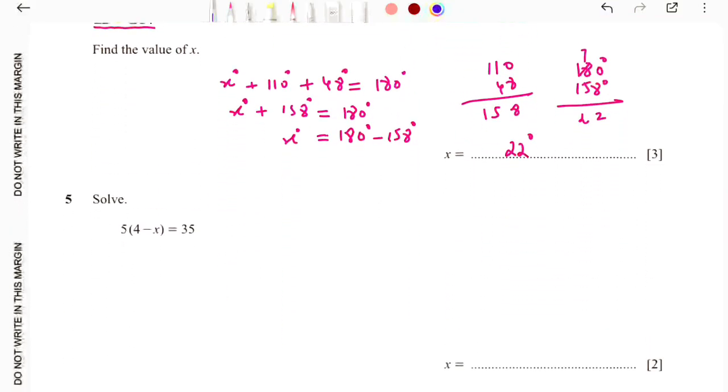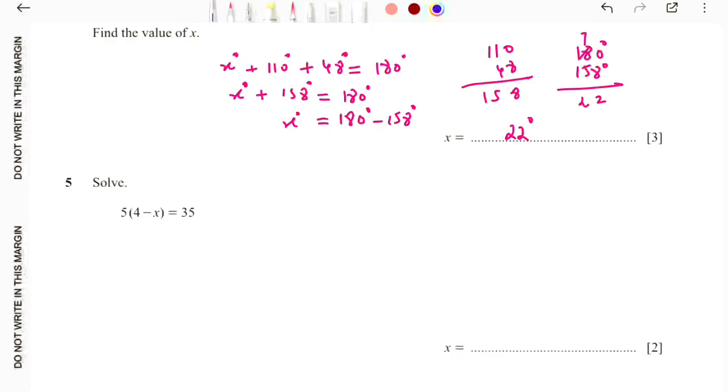Now next question. It's very simple. First of all, we can expand it. 5 times 4 is 20 minus 5x is equal to 35. Now 35 minus 20 is equal to minus 5x.